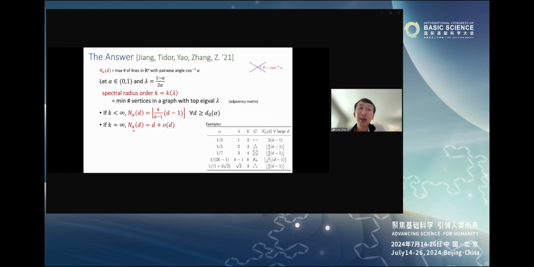And then the theorem is that the number of lines as d gets large grows like d plus a sublinear term in d. Okay, so we're not able to more precisely pin down what this should be. Well, we do have some slightly better bounds, but in general, this is little o of d. Okay, so that is the theorem, and that is the numerical answer that we're able to produce.